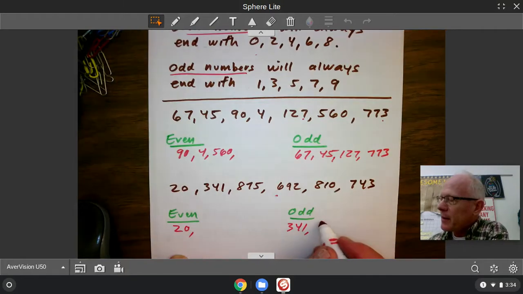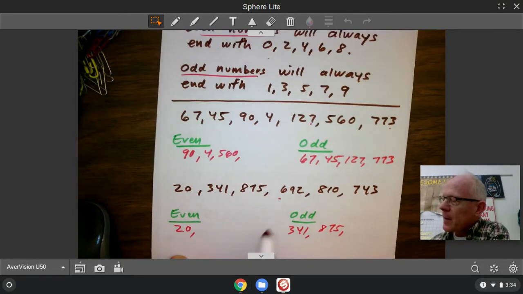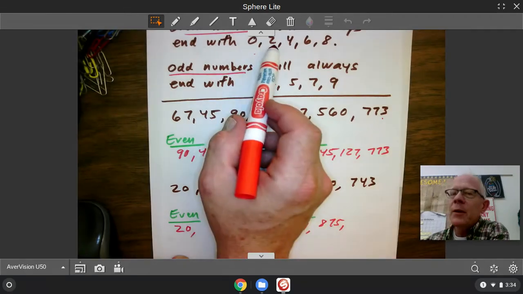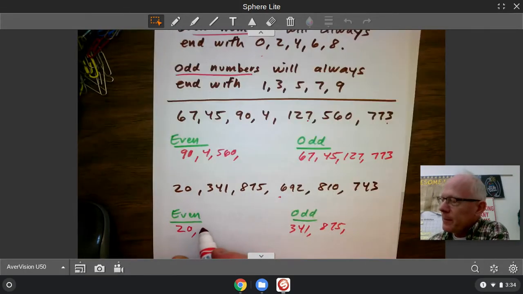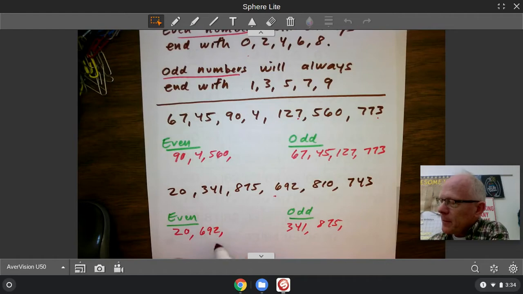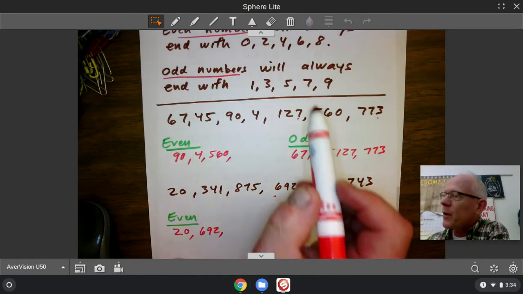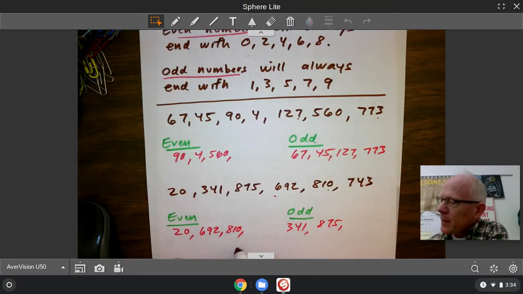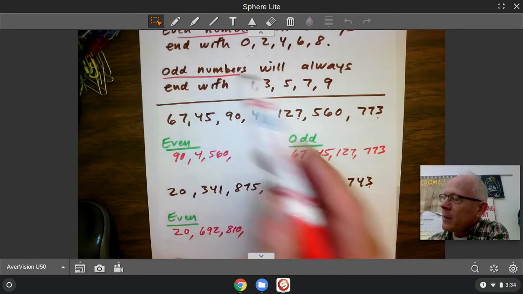That makes it odd. 692. It ends with a 2, which makes it even. 810. Well, it ends with a 0, so that makes it even. And the last one, 743. It ends with a 3. That makes it odd.